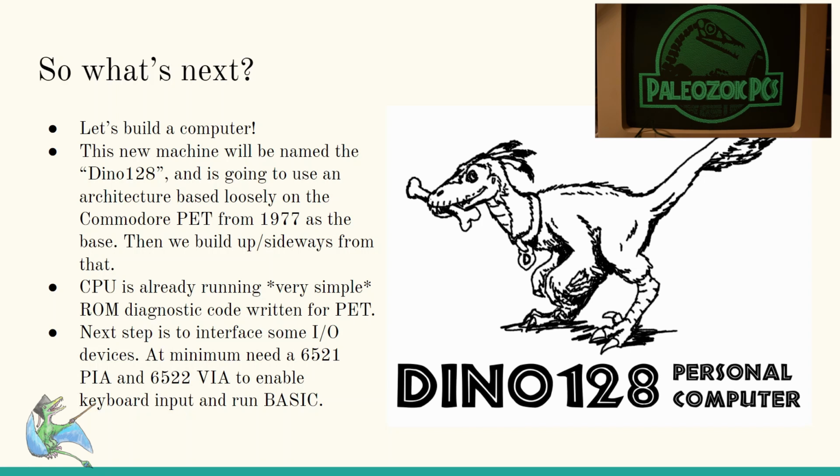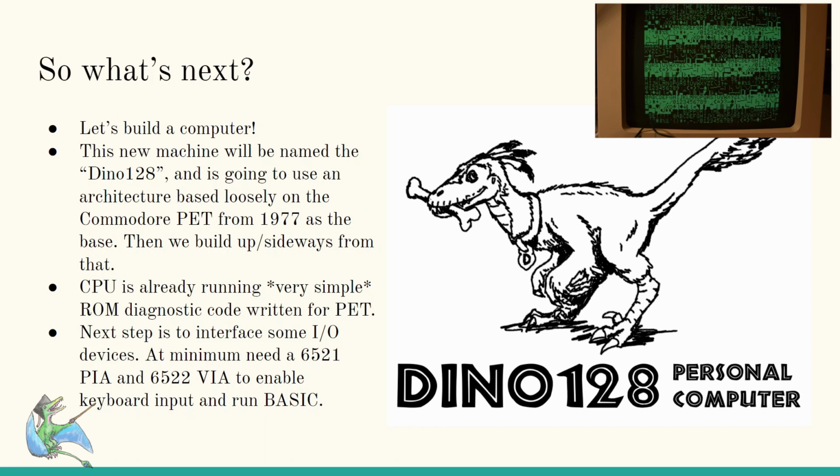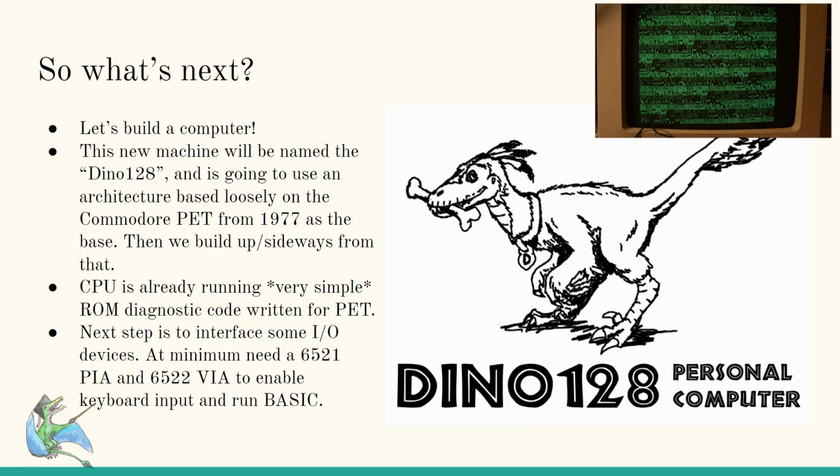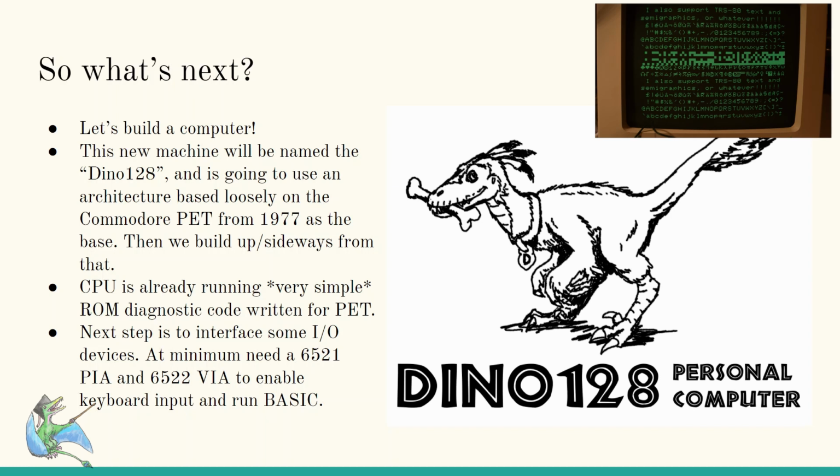So the next step, I think, is that in the next video I might talk about seeing if I can actually get it to fire up with the Commodore BASIC interpreter. I just need to write that into the flash in place of the PET tester ROM. I don't know if it will get all the way to the BASIC prompt, since it's been too long since I was messing with the Commodore PETs, and I don't remember if it will make it without having the I/O in place.